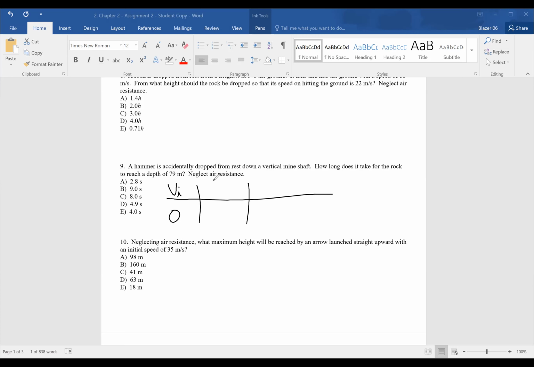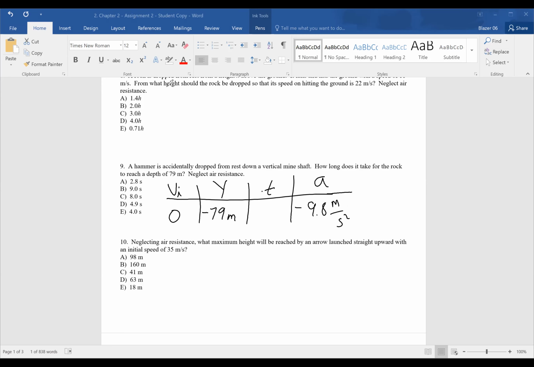Again, y now is negative 79 meters. We're looking for time. Again, it's under the influence of gravity, so a then is negative 9.8 meters per second squared. I can solve for time.